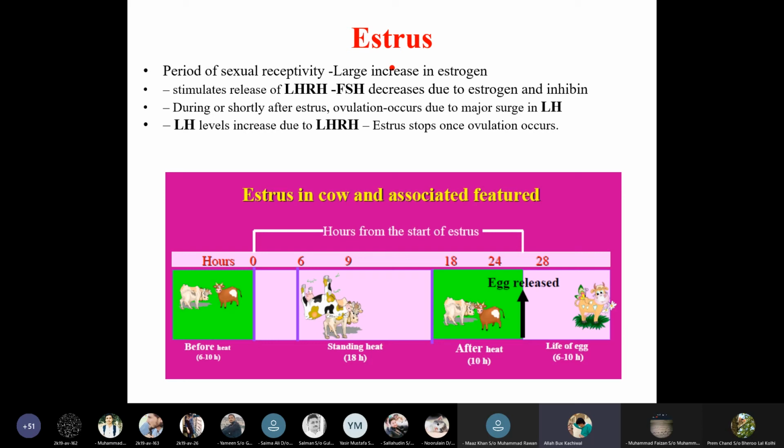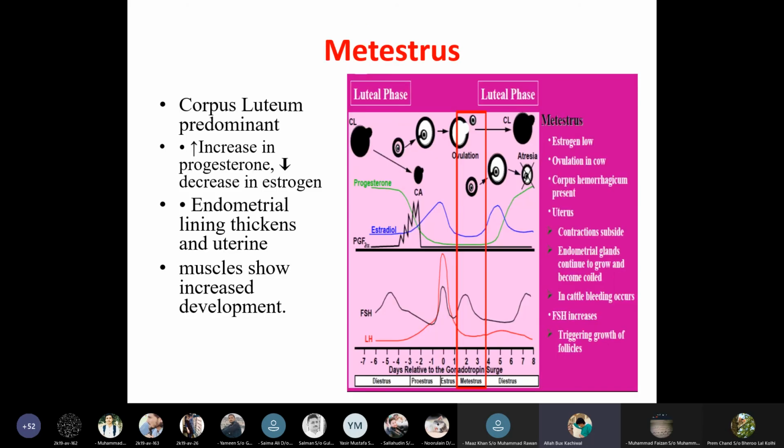So the life of an egg starts, which is 6 to 10 hours to mate with the sperm and fertilize the egg. The sperm travels from the vagina to the oviduct in 6 to 10 hours to mate with the egg and fertilize the ovum.